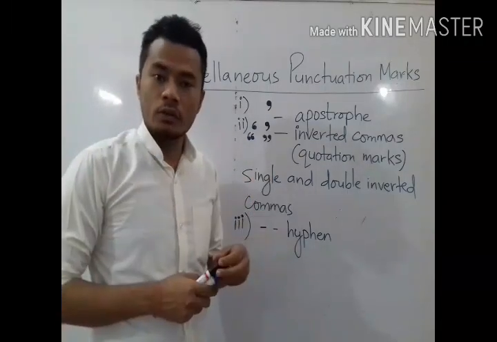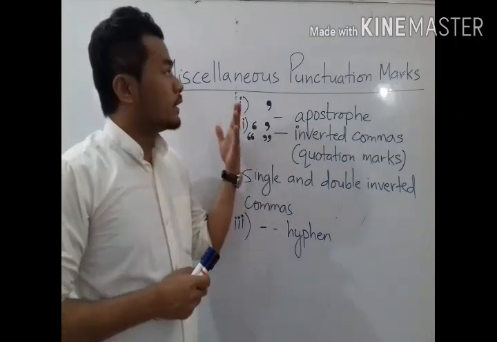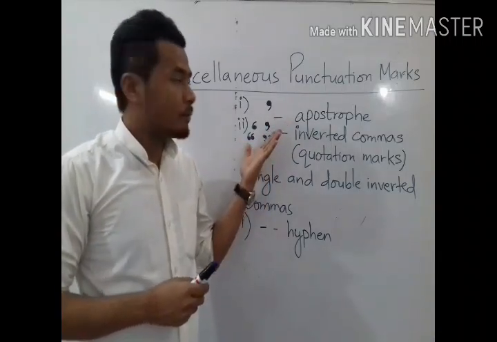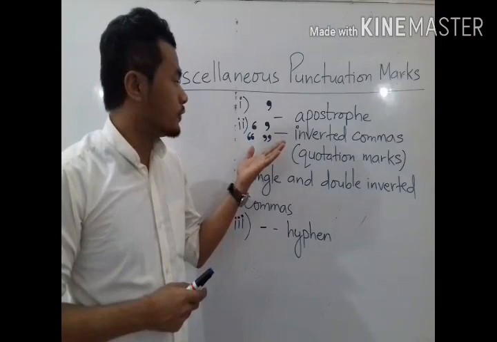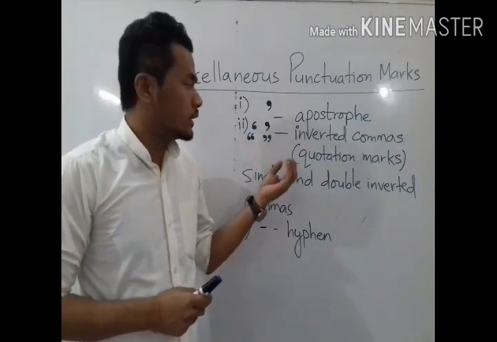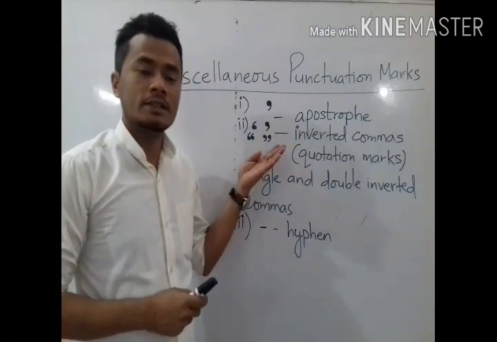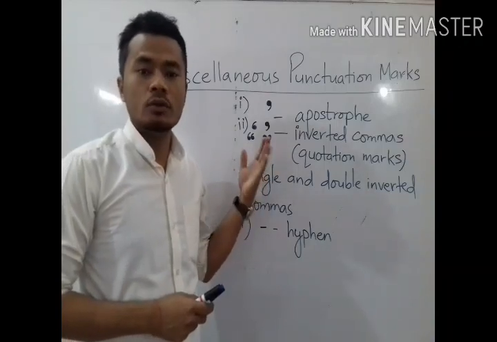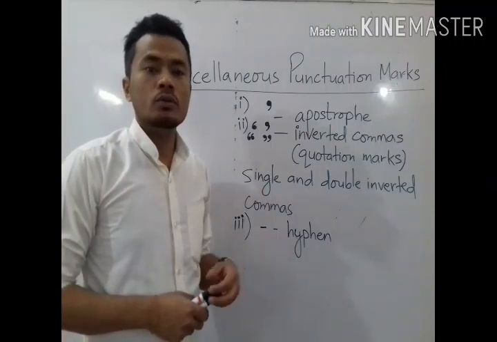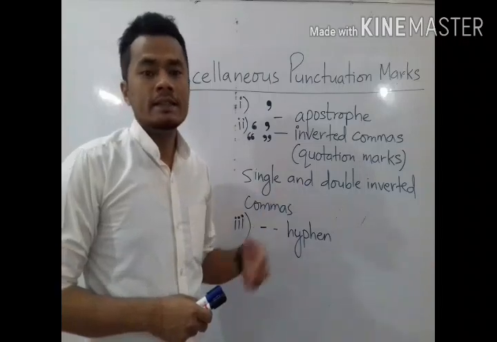And in today's video, we are going to understand the uses of miscellaneous punctuation marks that are: number 1, apostrophe; number 2, inverted commas, which we also call quotation marks, both single inverted commas and double inverted commas, how to use both of them; and number 3, how to use and what are the conditions of using hyphen in sentences.